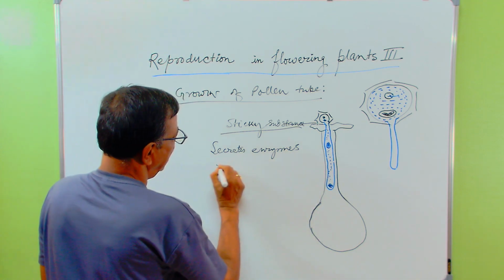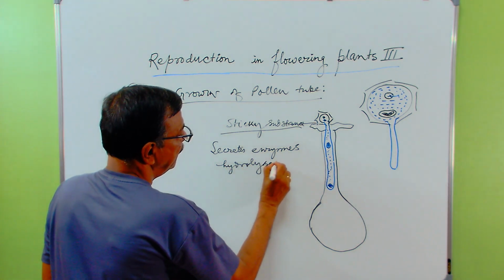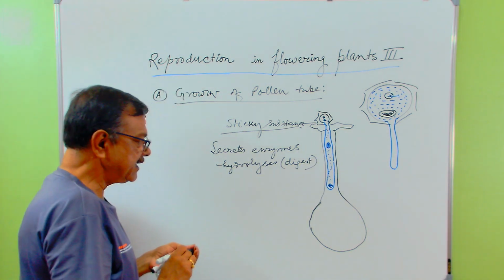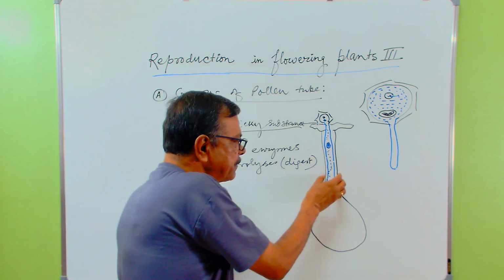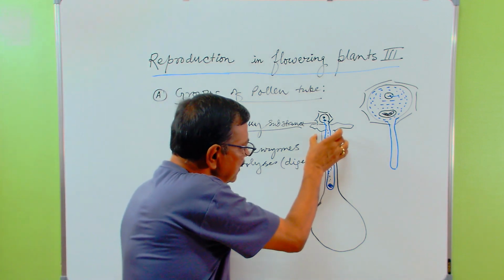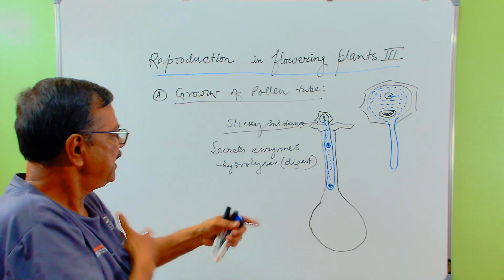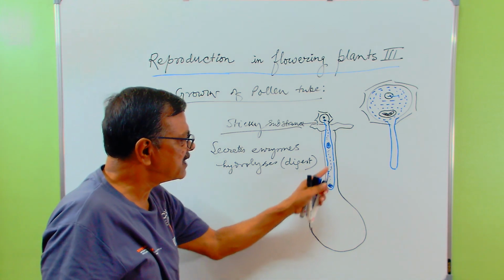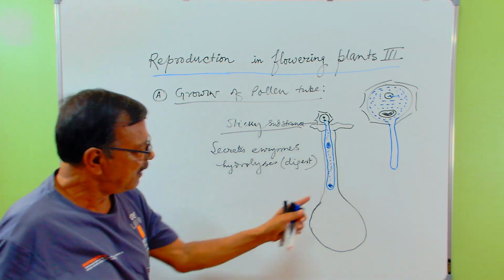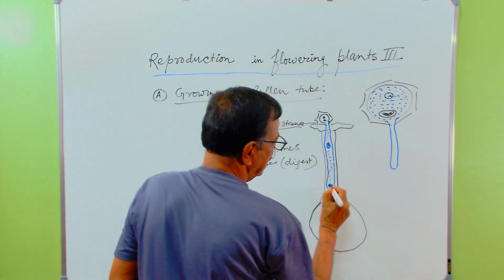Hydrolyze means digest. It digests the food materials present inside the stigma cells, stigma tissue and style tissue. As and when it penetrates, it hydrolyzes and digests the food materials present inside. Clear? Now, vegetative nucleus comes first, followed by generative nucleus.